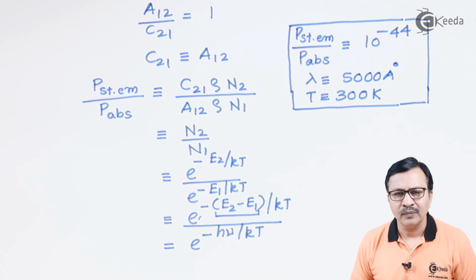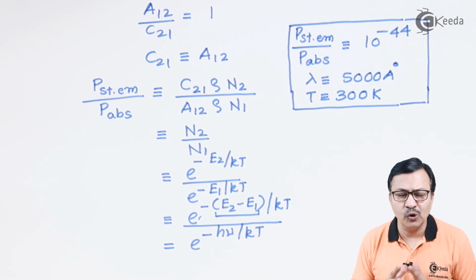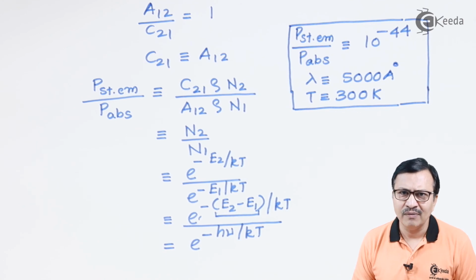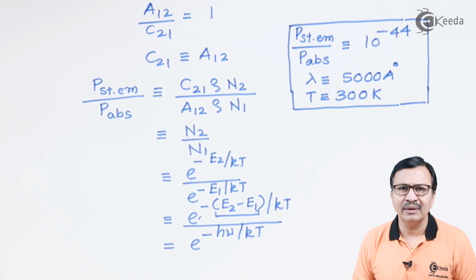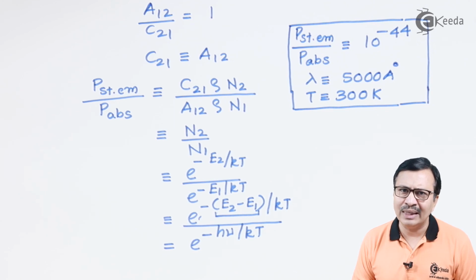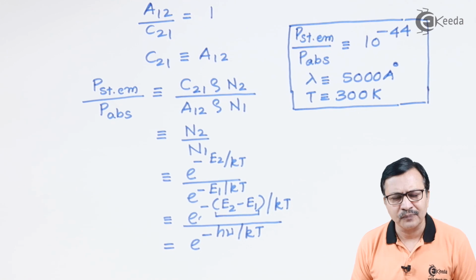That is, it is extremely low, and therefore it is not going to occur naturally. We will have to stimulate, or rather instigate or enforce, stimulated emission in order to cause what is called population inversion, which is the condition required for the lasing action to occur.